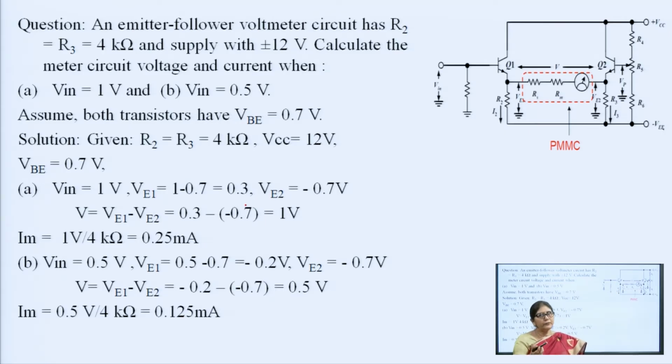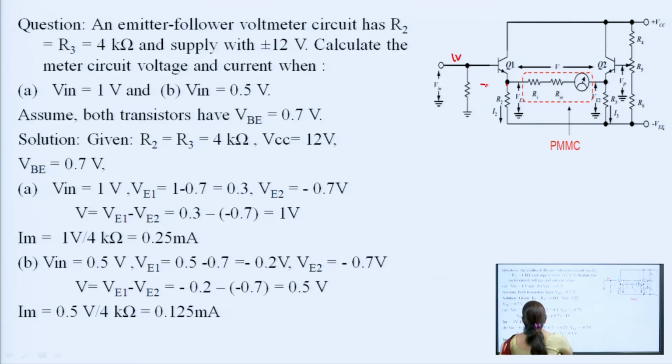When V input is 1 volt, VE1 is 1 minus 0.7 volt, that is 0.3 volt, and VE2 is minus 0.7 volt, as I have already told you. Then V is equal to VE1 minus VE2, that is 0.3 minus minus 0.7, that is 1 volt.